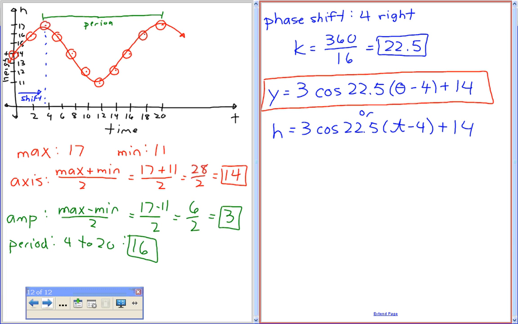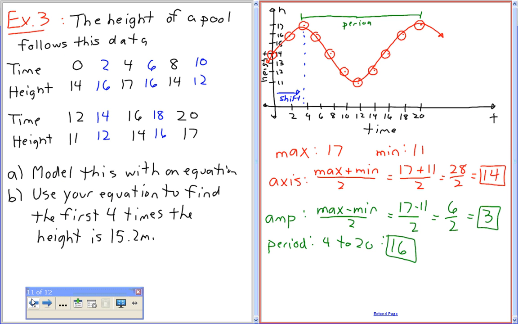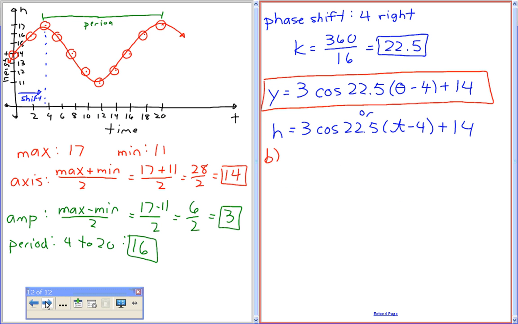All right, letter B. Angela, what are we doing for letter B? I didn't write that down. That's okay. So for letter B, it says use your equation to find the first 4 times the height is 15.2 meters. So when we're looking for the height to be 15.2 meters, we're just going to say here h equals 15.2.